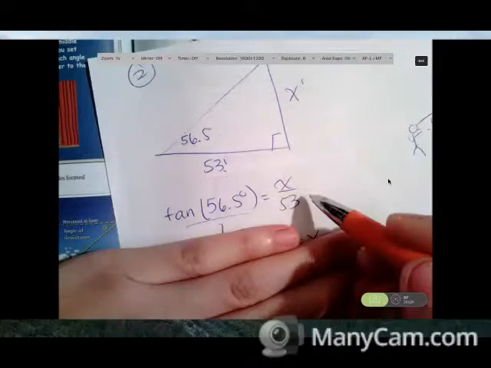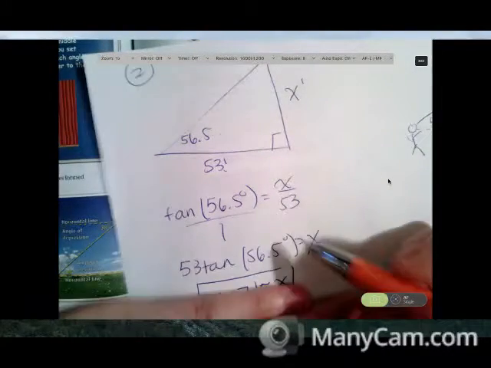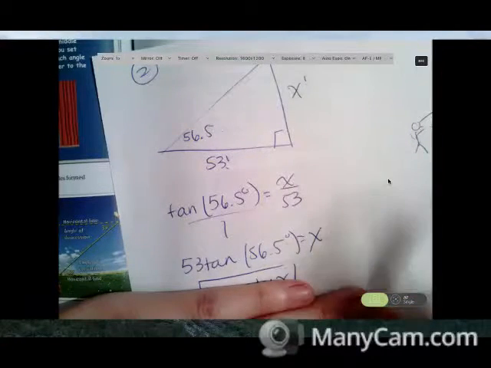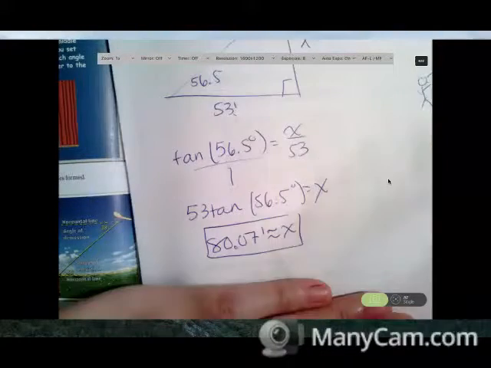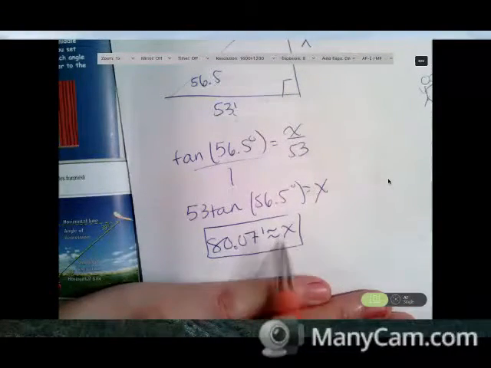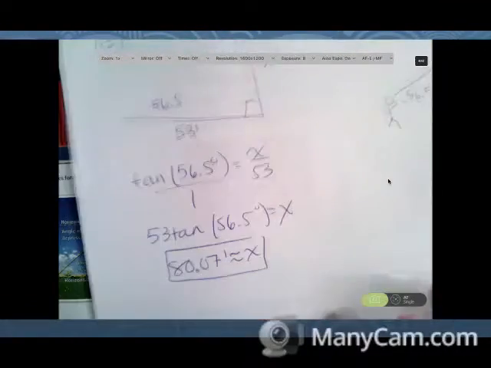Now tan is opposite over adjacent, so then I cross multiply and I get 53 times the tangent of 56.5 equals x. So therefore, when I calculate it, I get roughly 80.07 feet. So that's roughly how tall this turbine is.